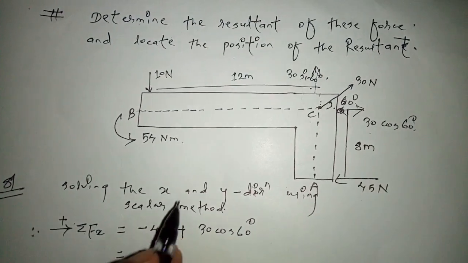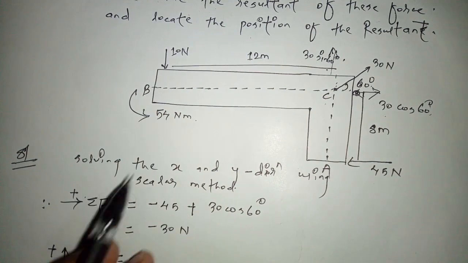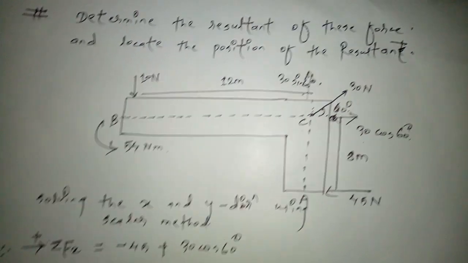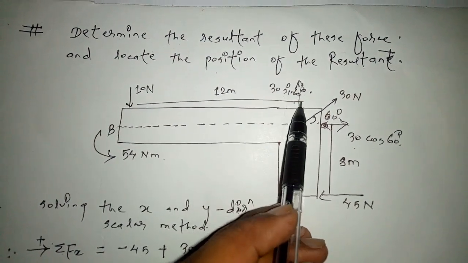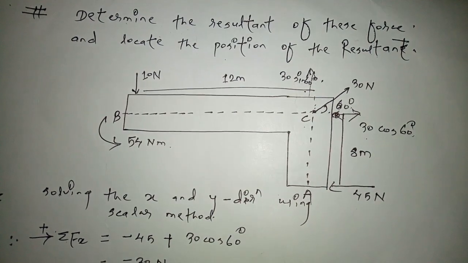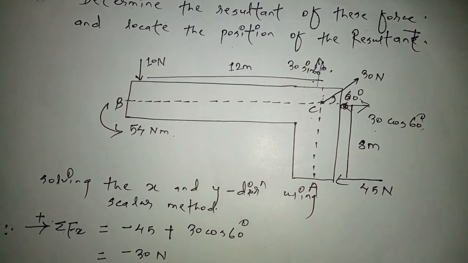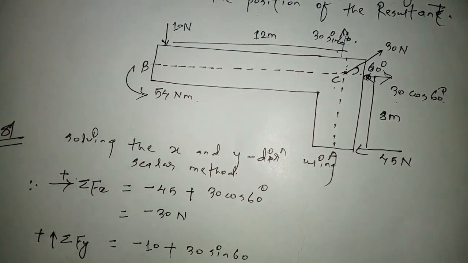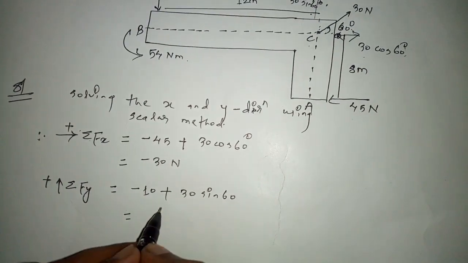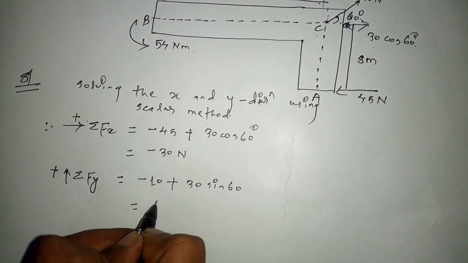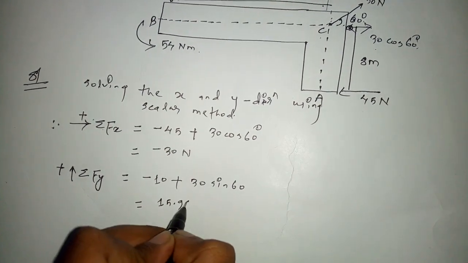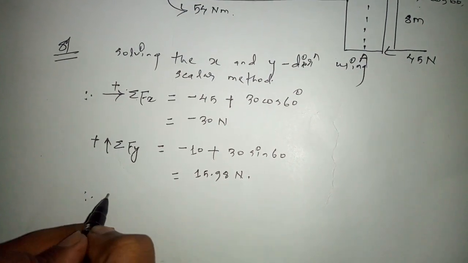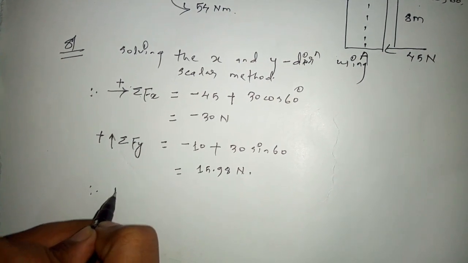Look here guys, the 10 Newton force is acting downward, that's why we write minus 10 here. 30 sin 60 degree is acting in the upward direction, therefore plus 30 sin 60 degree. After solving this I got 15.98 Newton.